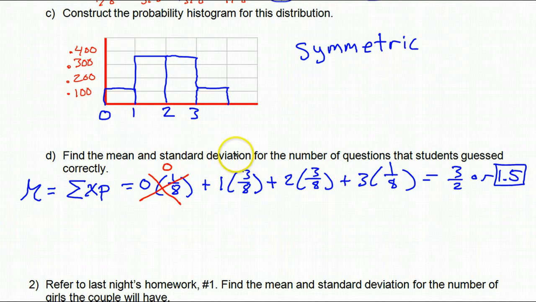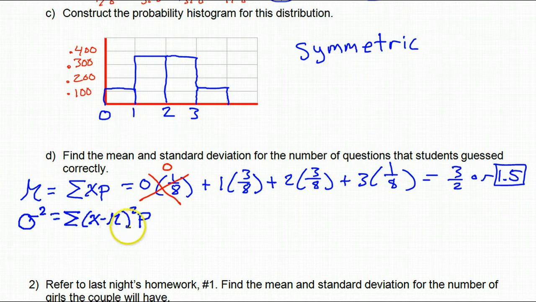Now, how do we find the standard deviation? Actually, first we have to start by finding the variance. Once we find that, then we'll just take the square root of it, and that'll give us the standard deviation. The formula is the sum of the x's minus the mean, squared, times the probabilities.